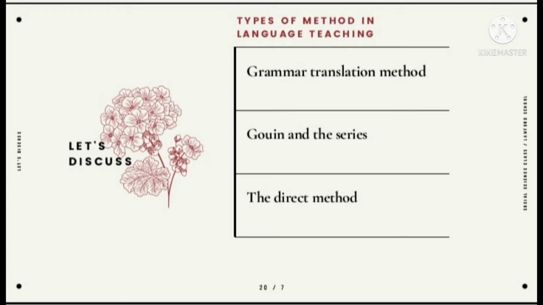Okay, the first is the grammar translation method. Since immemorial time, this kind of method was known as the classical method in the Western world. But in the 19th century, the classical method came to be known as the grammar translation method. In this case, the students focused on grammatical rules, vocabulary acquisition by memorizing, text reading, and grammatical analysis.